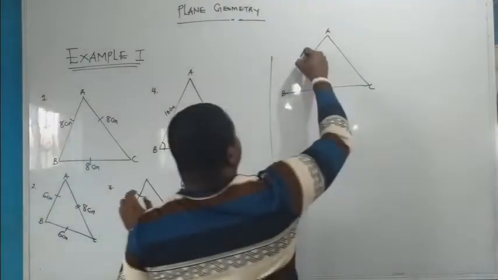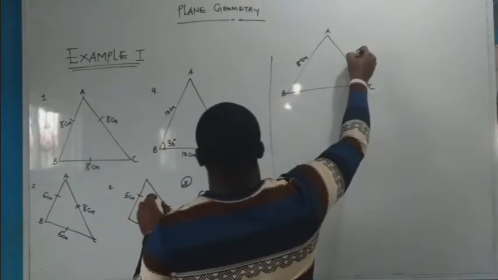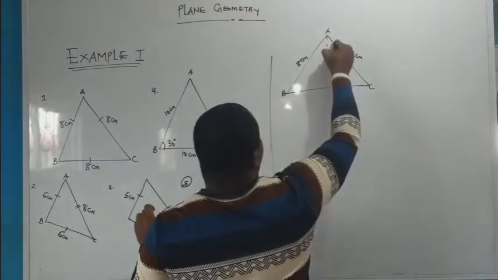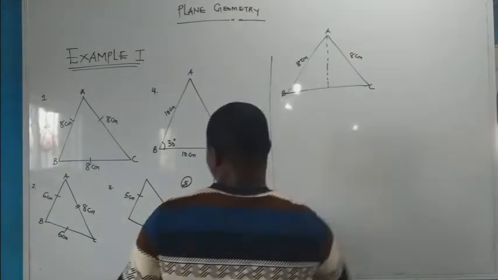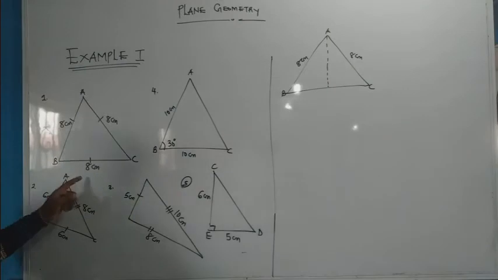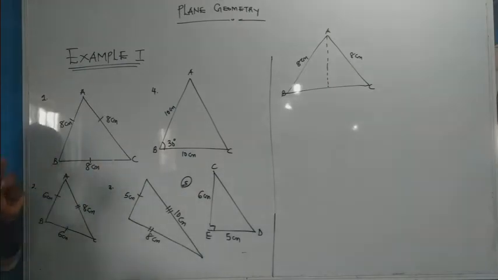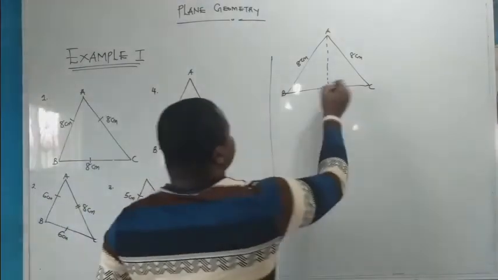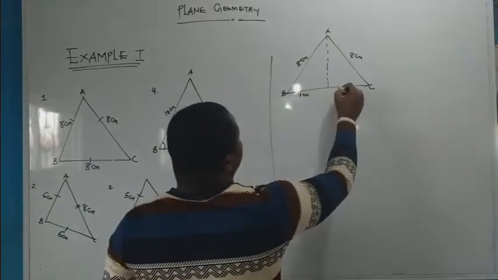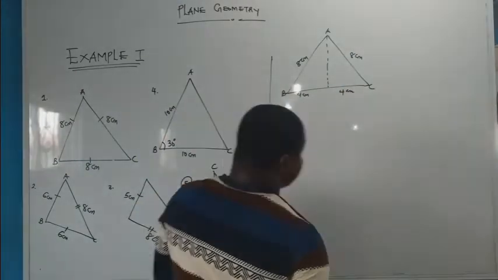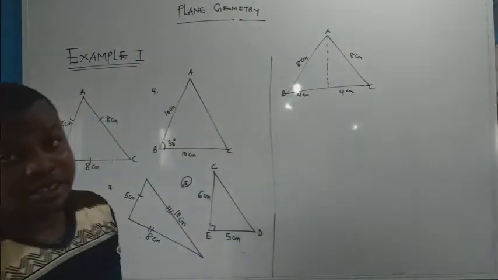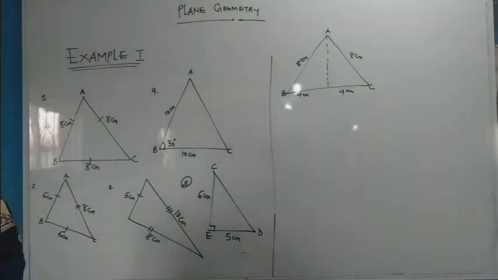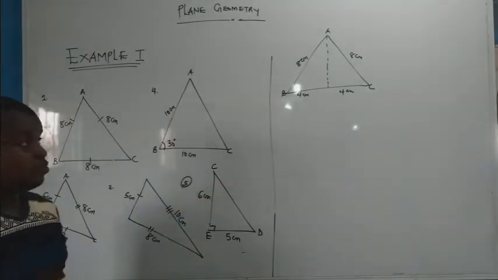Here will be 8 centimeter, here will be 8 centimeter, and I'm going to draw a straight line to bisect this side BC into two equal parts. So here will be 4 centimeter, and here will be 4 centimeter. Why am I bisecting it? Because we need to get the height of the triangle.